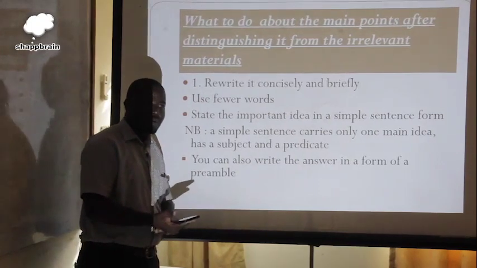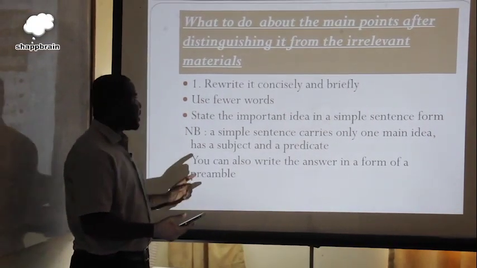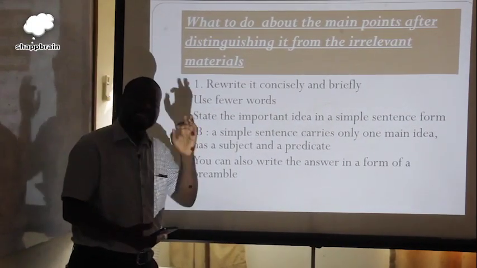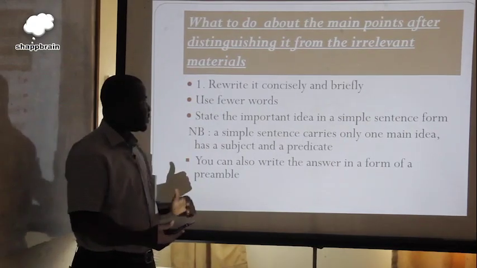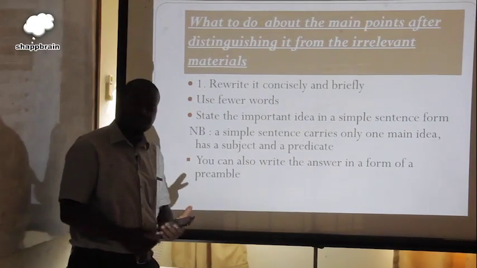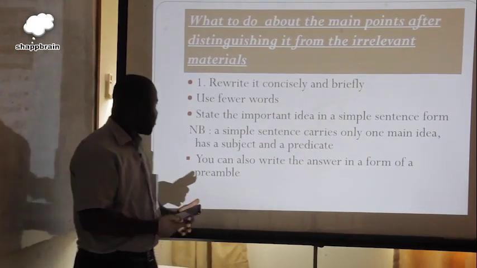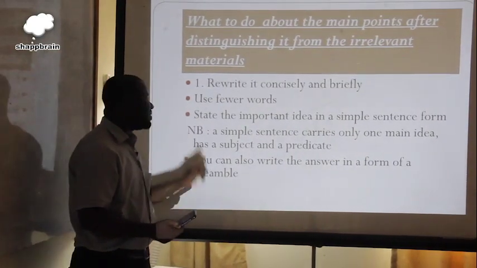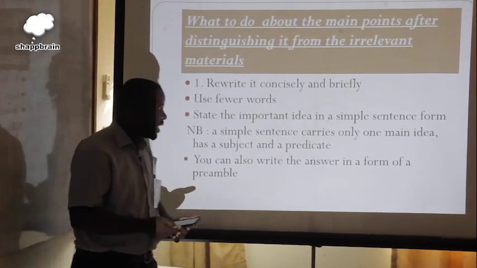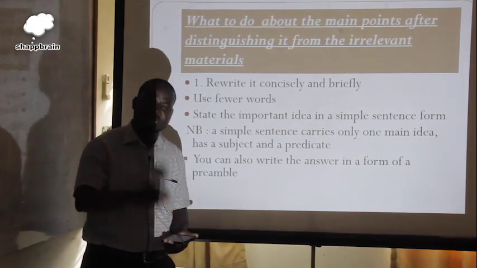Number one, rewrite the main idea concisely and briefly. Number two, use as few words as possible. And number three, you must state the important idea in a simple sentence form.